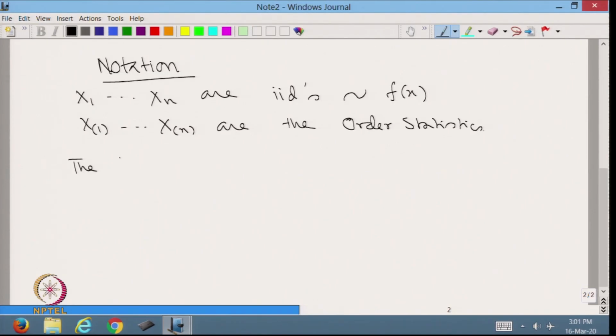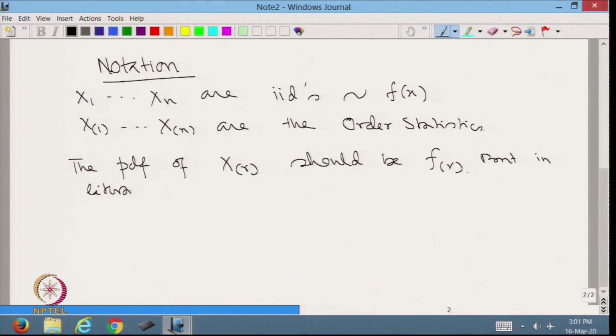The PDF of Xr should be fr, but in literature you may find both fr and f(r) with the parenthesis.